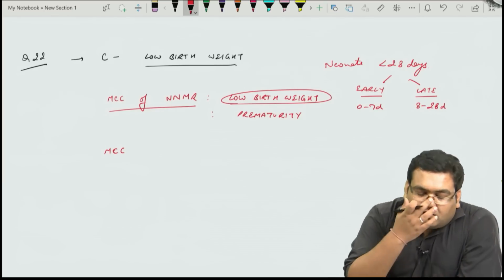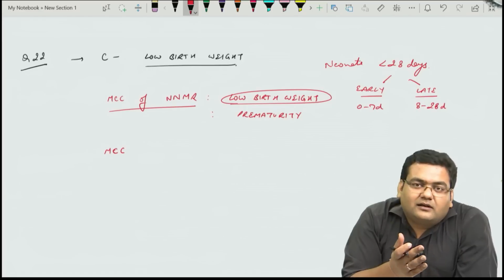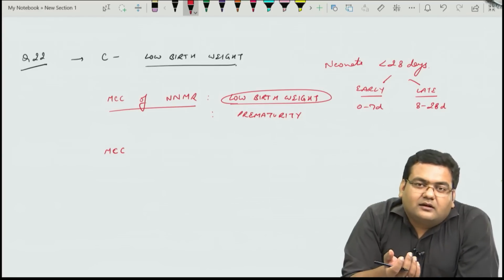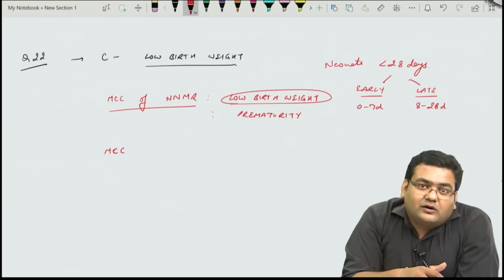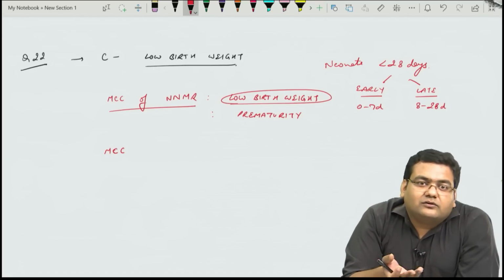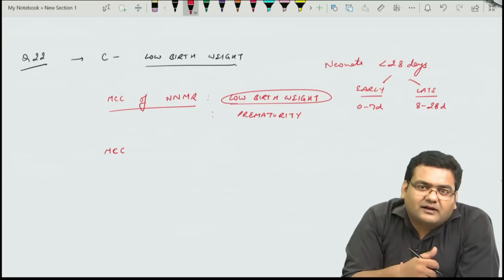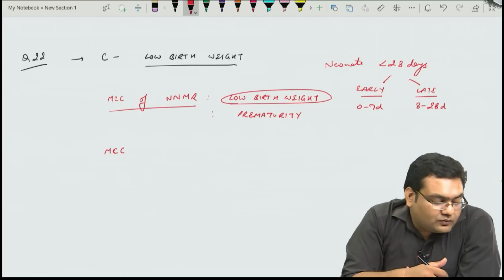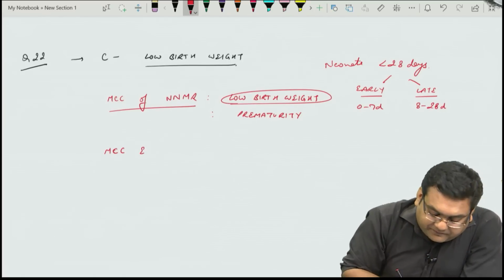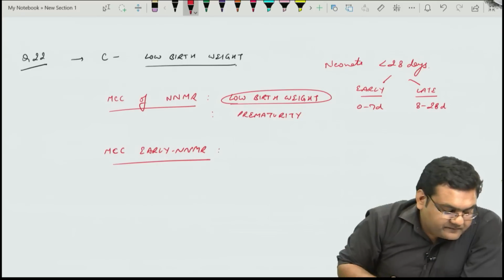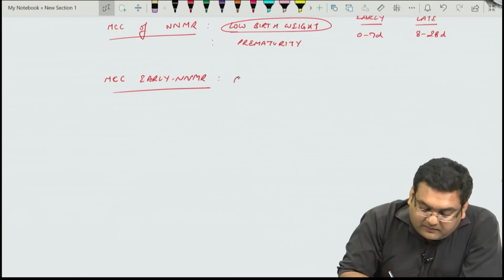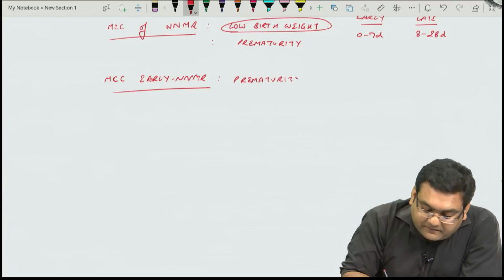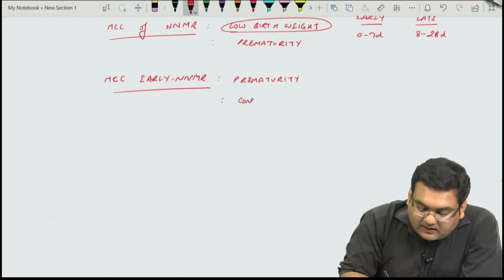Now, when we are classifying neonate into early and late, causes for early neonatal deaths and late neonatal deaths will also be different. That's why we have classified them. So, what is the most common cause of early neonatal mortality rate? It is prematurity and congenital anomalies.